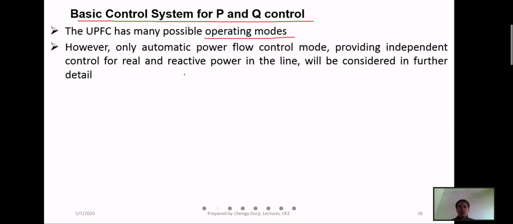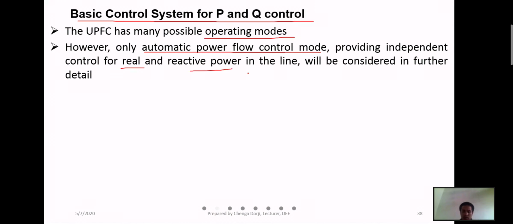However, of the many possible operating modes, we will be using the automatic power flow control mode, because it provides independent control of real and reactive power in the line.